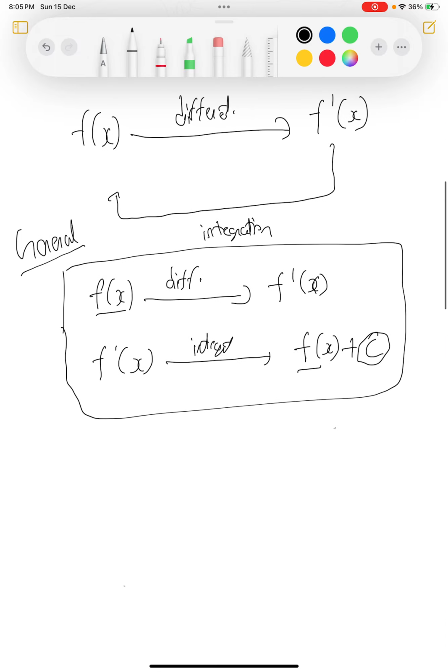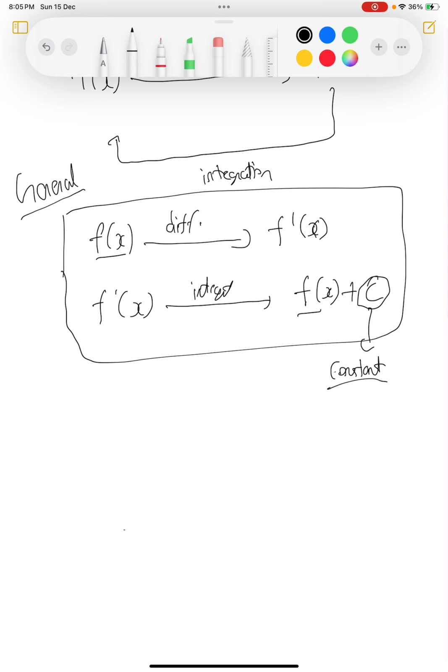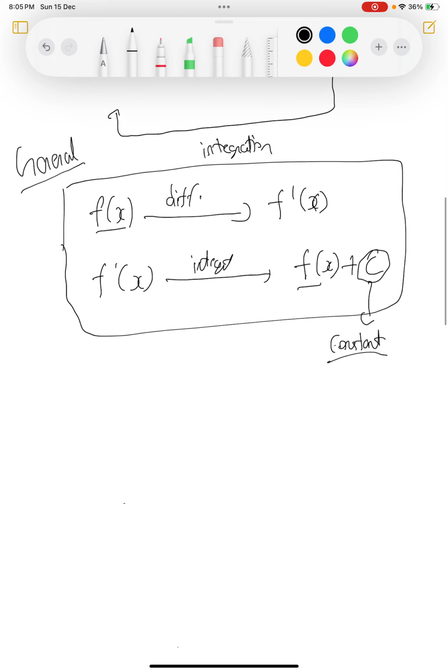Why am I getting this constant term? Let me show you some examples. If I differentiate x square plus 1, I will get 2x.